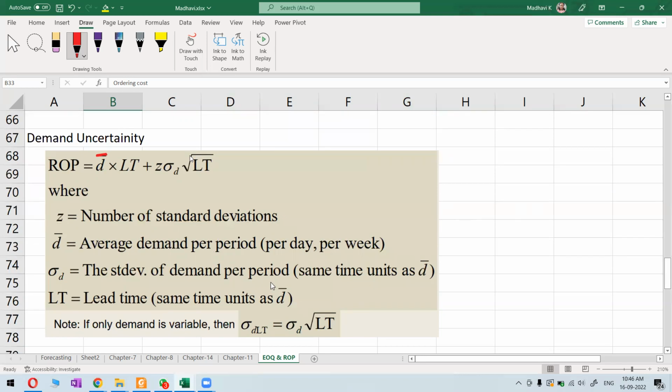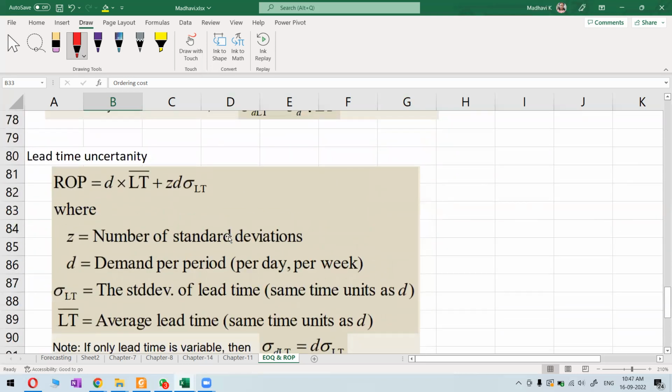So basically what we are saying over here is this component is equivalent to sigma DLT, and that is what is mentioned over here also. When demand is uncertain, sigma D square root of LT is equivalent to sigma DLT when demand is certain. Another formula is when lead time is uncertain. So sigma LT is the lead time uncertainty. So D multiplied by LT plus Z into D sigma LT.